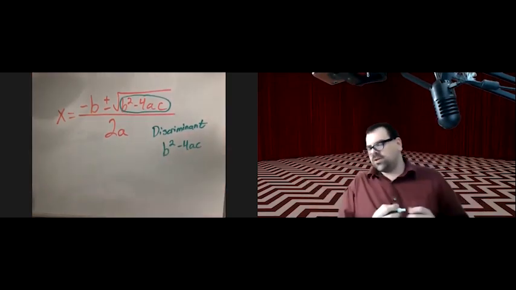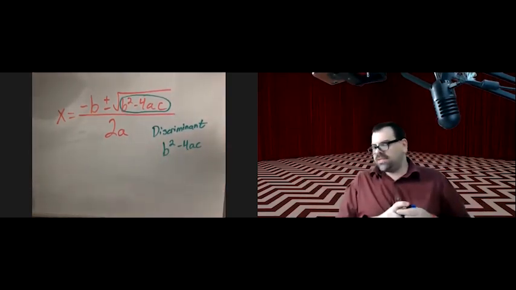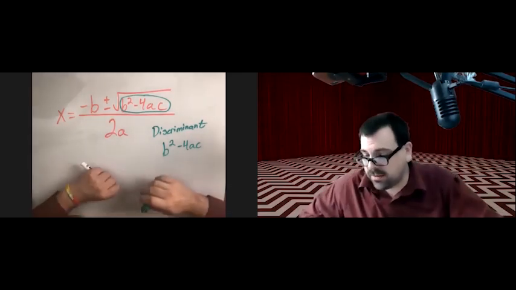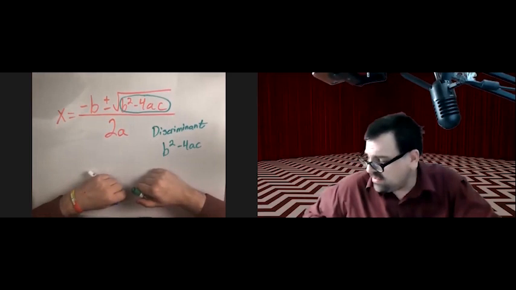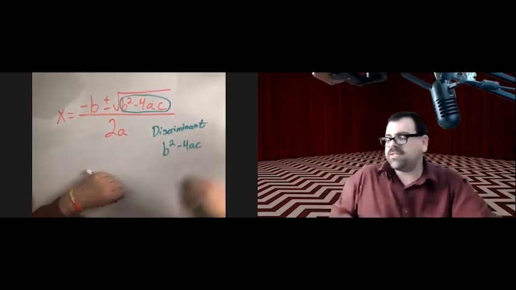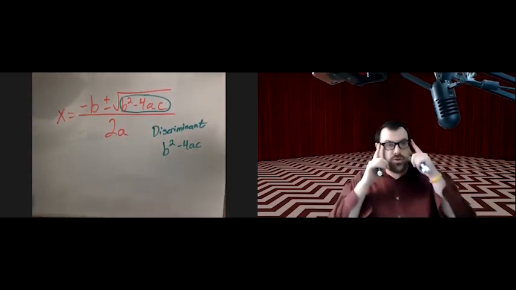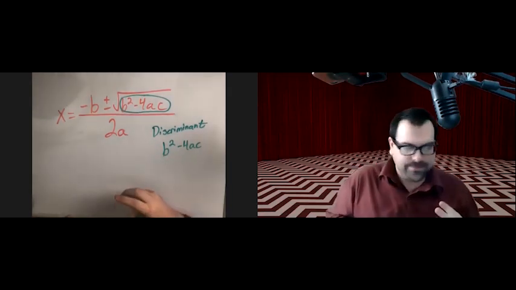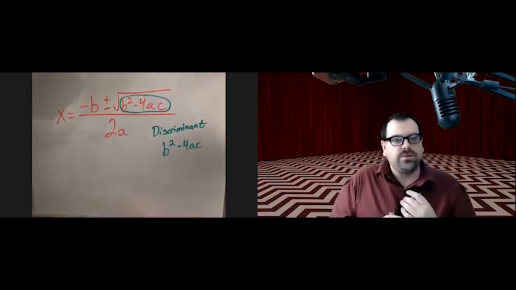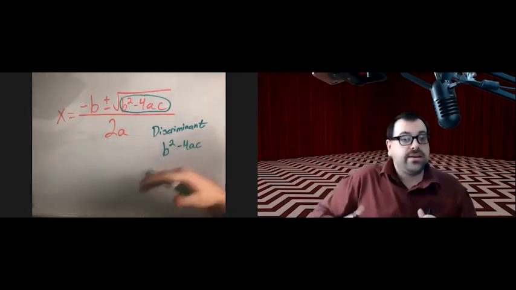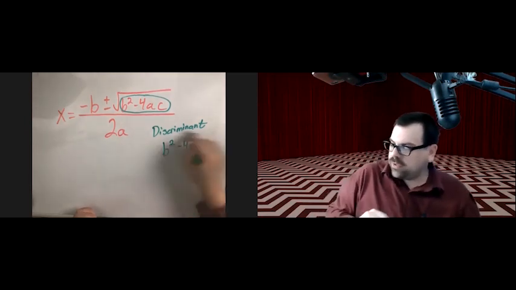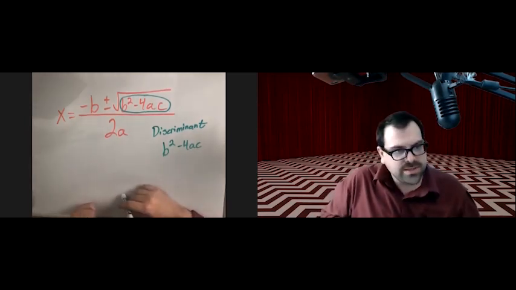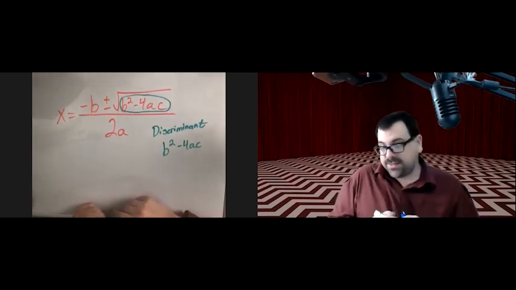I don't know if this is why it's called the discriminant, but it helps us discriminate the number of solutions we're going to get. I don't even know if I'm using that word right. But the discriminant tells us how many solutions of what type we're going to get. And that could be useful in graphing applications in future chapters. But for now, let's look for the discriminant in some problems and what it'll tell us.